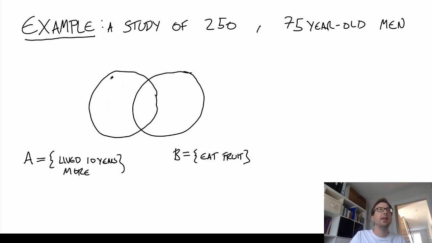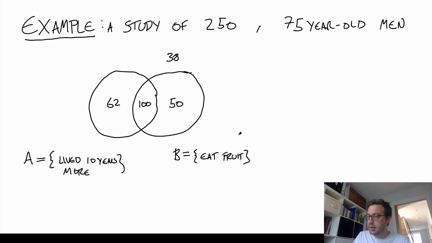In A we had 62 people who lived 10 more years but didn't eat fruit, 100 people who both lived 10 more years and ate fruit, 50 people who ate fruit and didn't live 10 more years, and 38 people who didn't live 10 more years and didn't eat fruit.